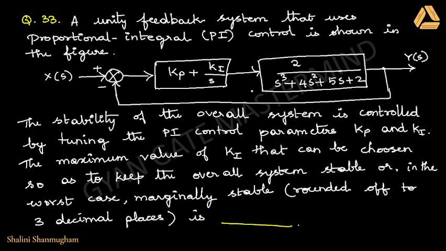Construct the Routh's array from the characteristic equation, find the conditions for Ki and Kp, and from that find the maximum value of Ki for the system to be stable, or at least marginally stable.